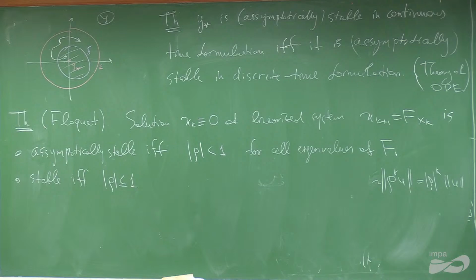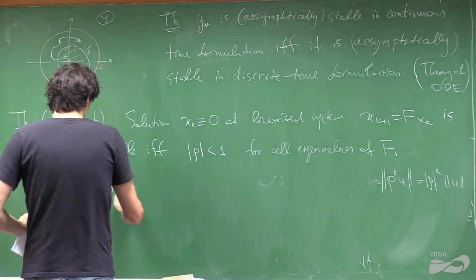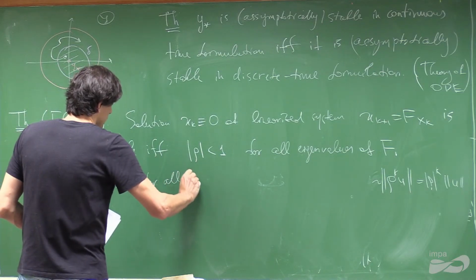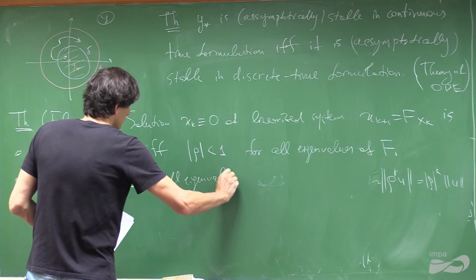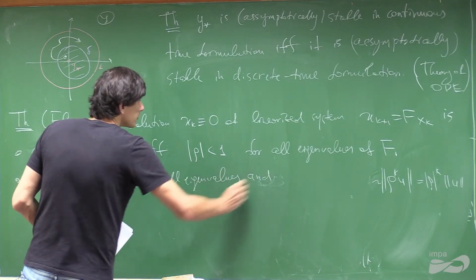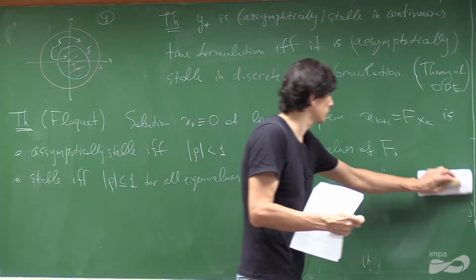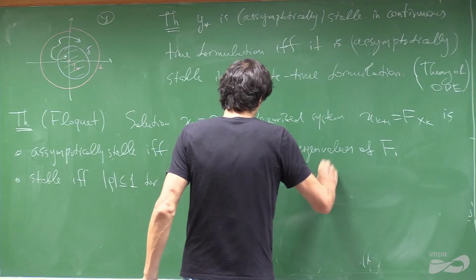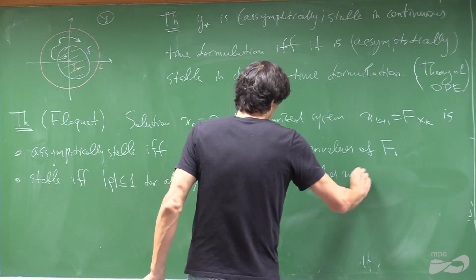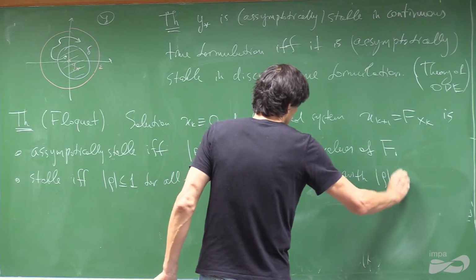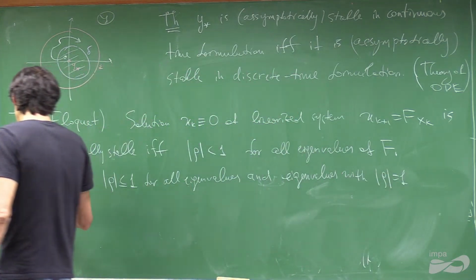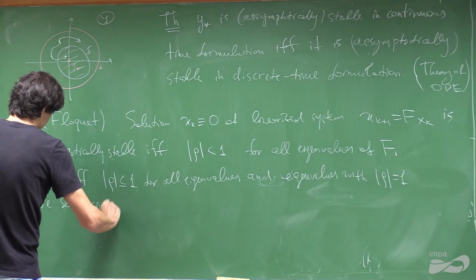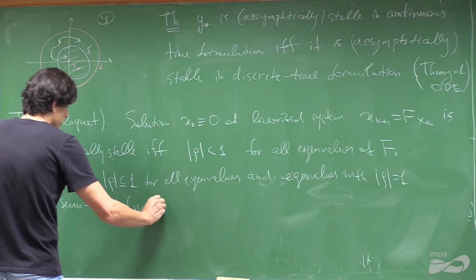So the theorem of Floquet tells you that the solution is stable if the modulus is smaller than or equal to 1 for all eigenvalues, and eigenvalues with modulus equal to 1 are semi-simple. So no generalized eigenvectors.